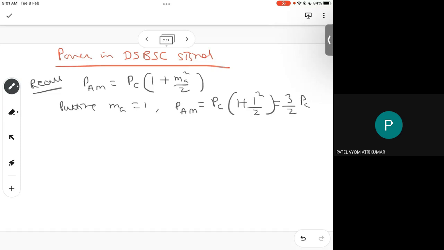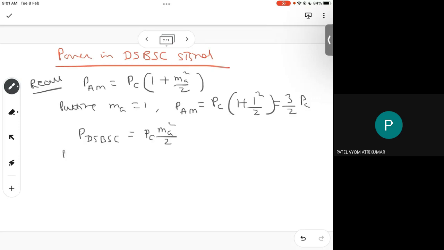But if I have the double sideband suppressed carrier, it is given as P_C m_a squared by 2, because there is no carrier, so the first term will not be there.